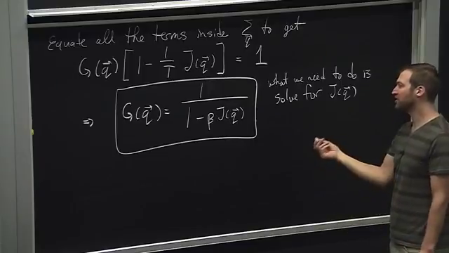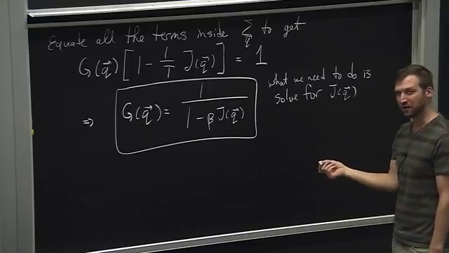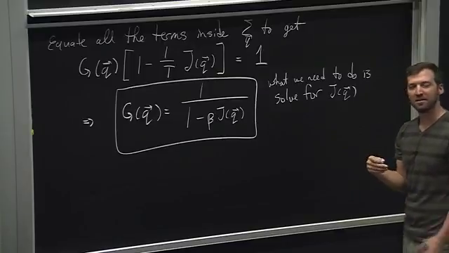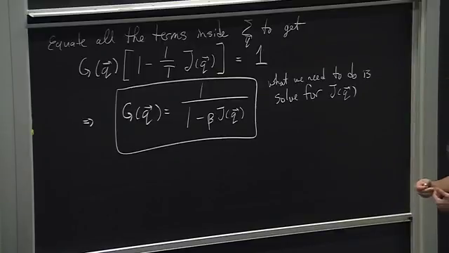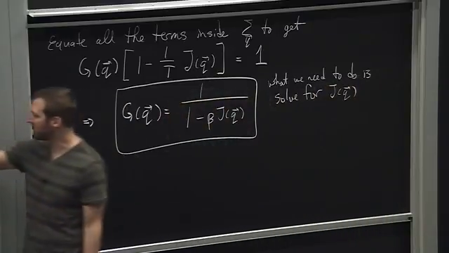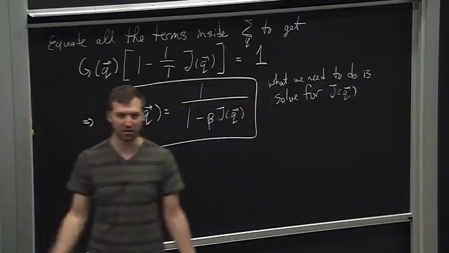The behavior we're interested in, the 2-point correlation function, in order to define the correlation length, is in the long wavelength limit. Okay? So we want to study this J of Q somehow when the distance between i and j is large.